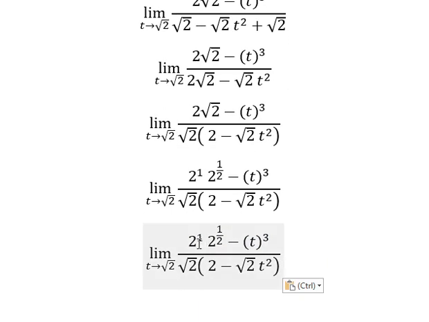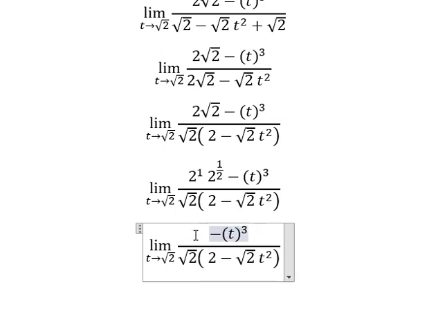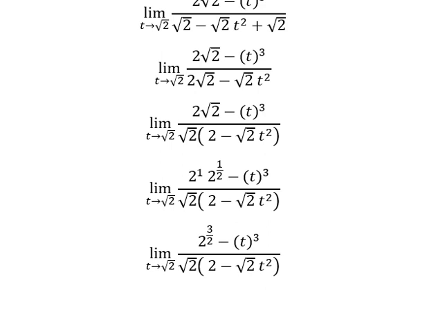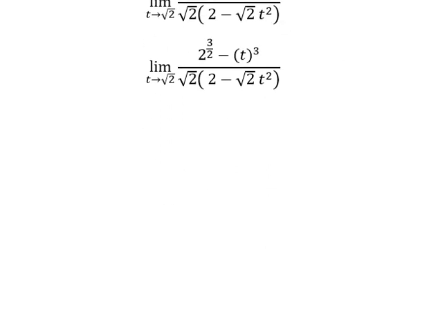So we need to combine 2 bases in here, and that is number 2 to the power of 1 plus 1 over 2. And this one is 3 over 2. Now we have the formula in here.